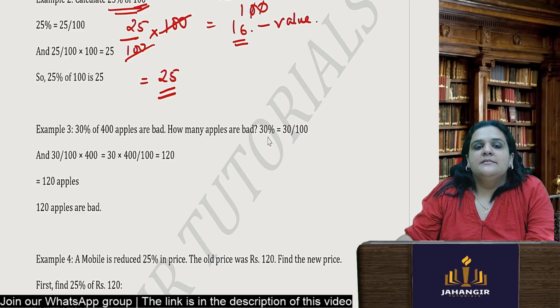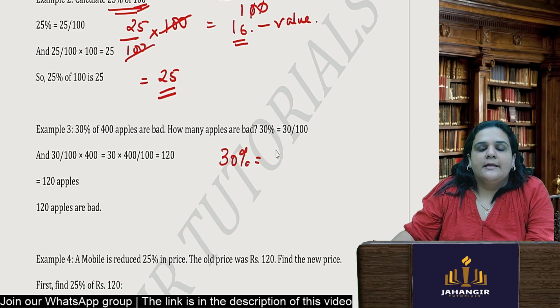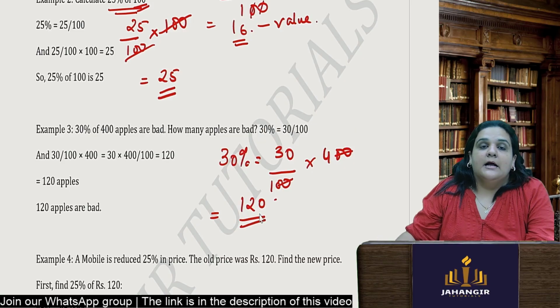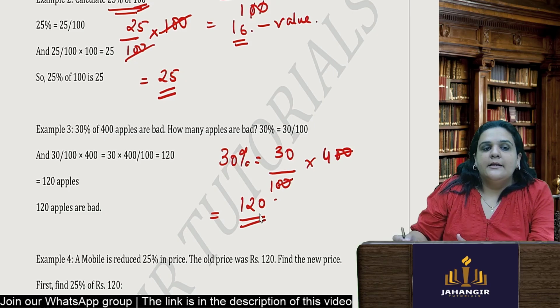How many apples are bad? I am going to write 30% in the form of 30 upon 100, and the total value of the apples is 400. These zeros we can cancel. 4 threes are 12, so 120 apples are bad. So 30% of 400 gives me the answer 120.